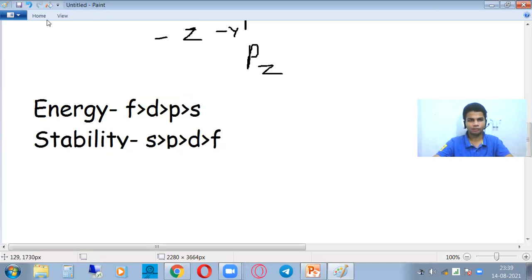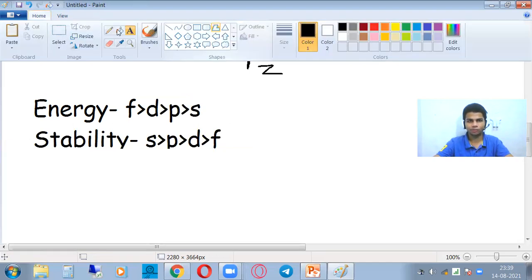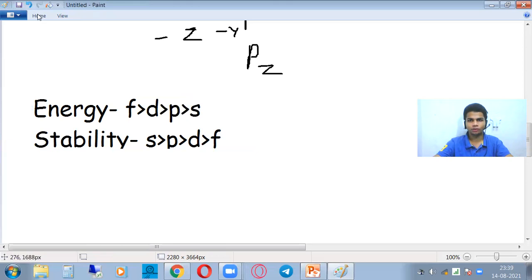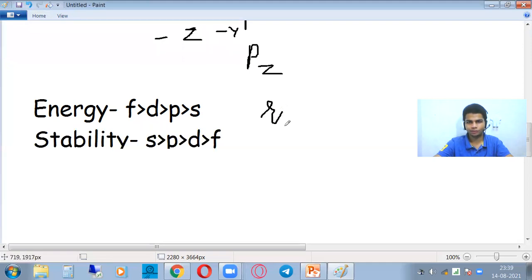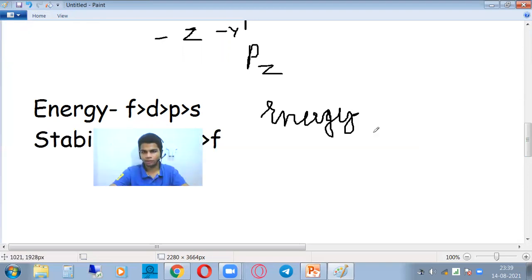If I make a relation between energy and stability, it will be like this. Here will be the energy, and here will be the stability. It will be inversely proportional.